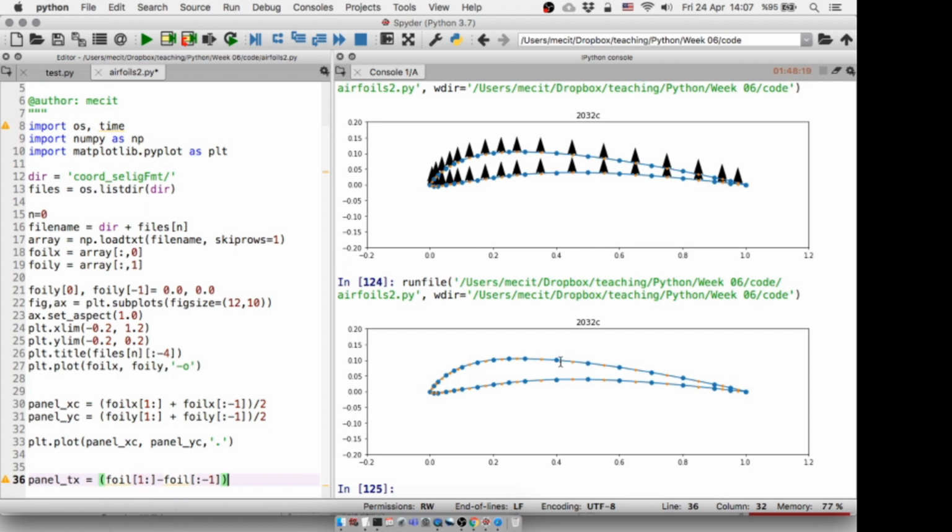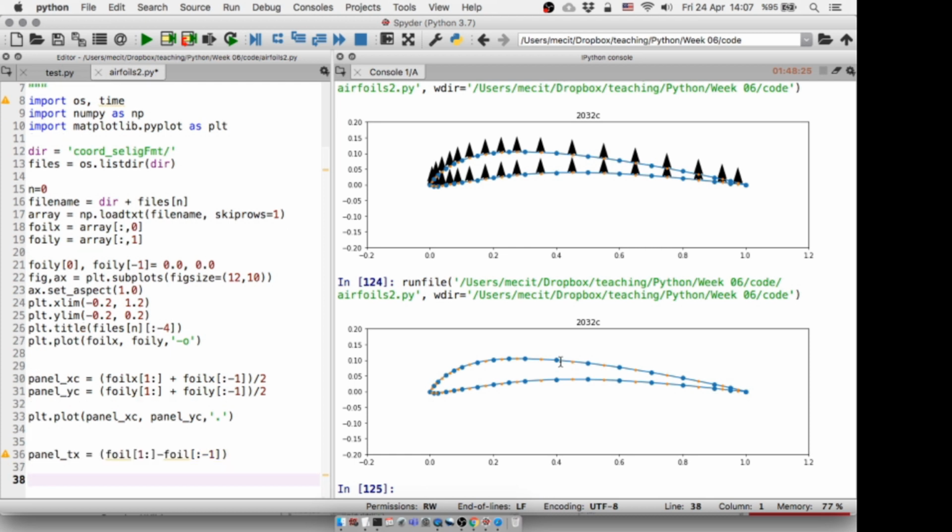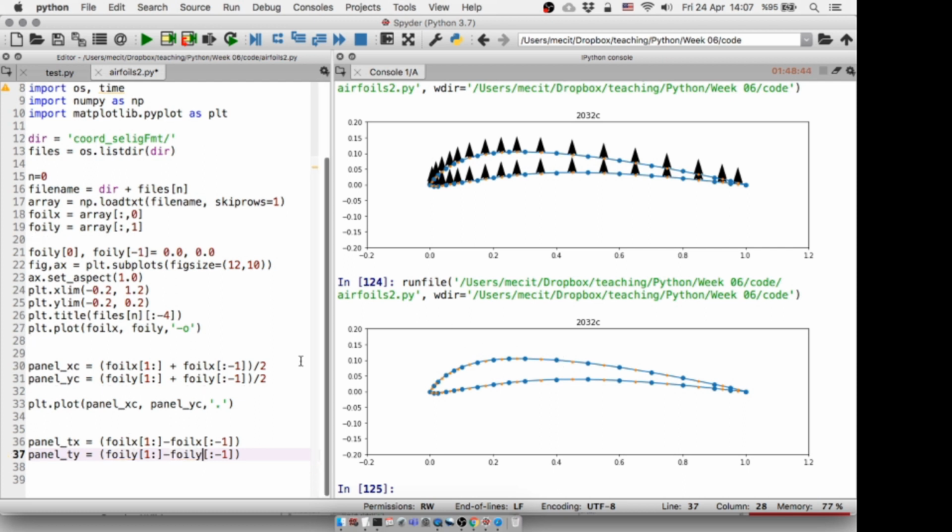And then I don't really divide it by 2 here, I don't have to, it won't make a difference. And then the y, likewise foil x, this is for x and that is for y. Okay, panel tangents x and tangent y.